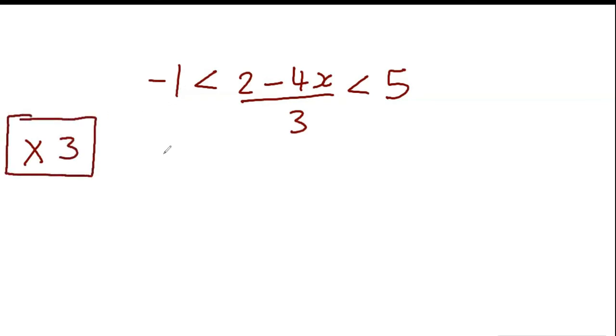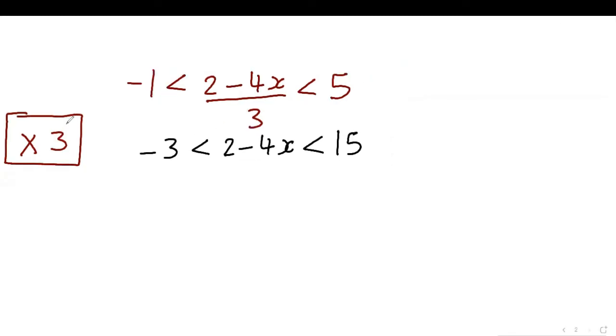By doing that, the inequality will become -3 is less than 2 minus 4x, which is less than 3 times 5. 3 times 5 becomes 15. All I did was multiply every single term by 3. I multiplied the -1 times 3, I multiplied the fraction times 3, and I multiplied the 5 times 3.